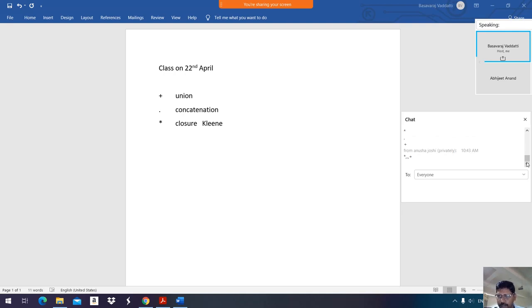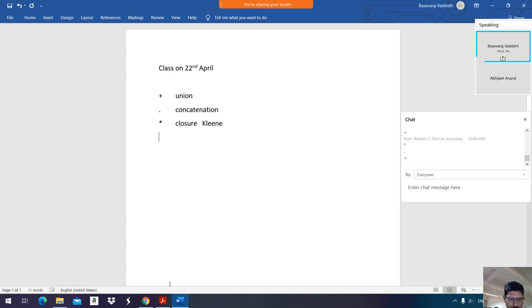Nandish, highest precedence is what? Star has the highest precedence, then concatenation, and finally union. Yes, that's fine. Star has a higher precedence, concatenation in the middle, and union has a lower precedence.